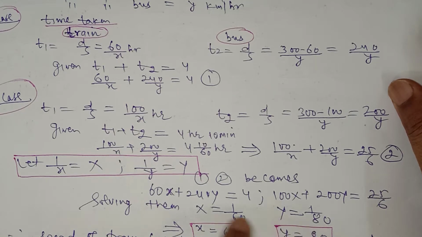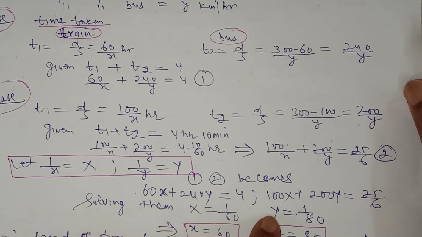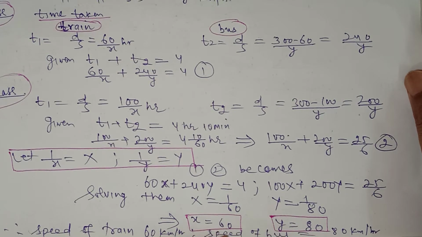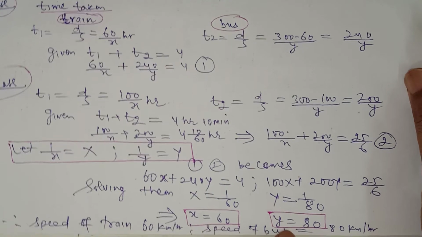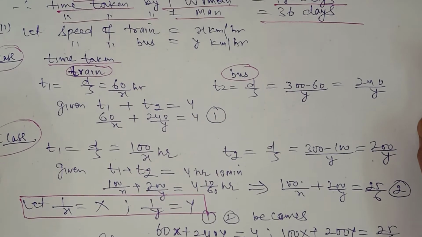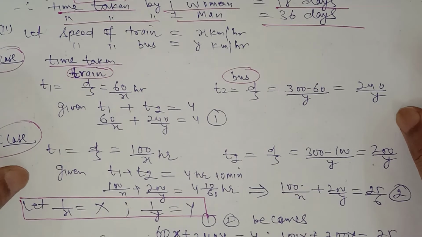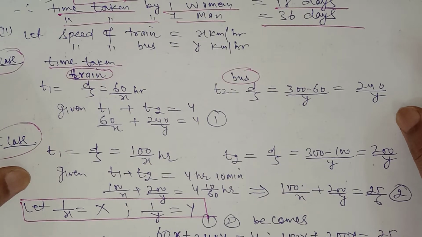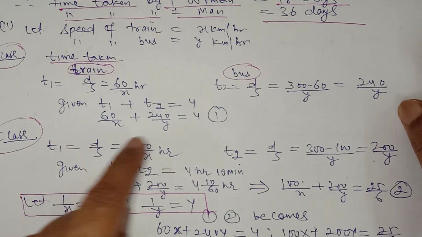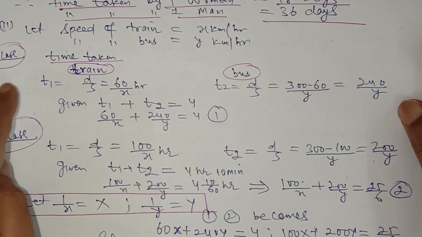So what you have let is that capital X is equal to 1 upon x and capital Y is equal to 1 upon y. So x will become 60 and y will become 80. So the speed of the train is 60 kilometers per hour and the speed of the bus is 80 kilometers per hour. You have to explain each step very clearly: the time taken by the train and the time taken by the bus in the first case and the second case.